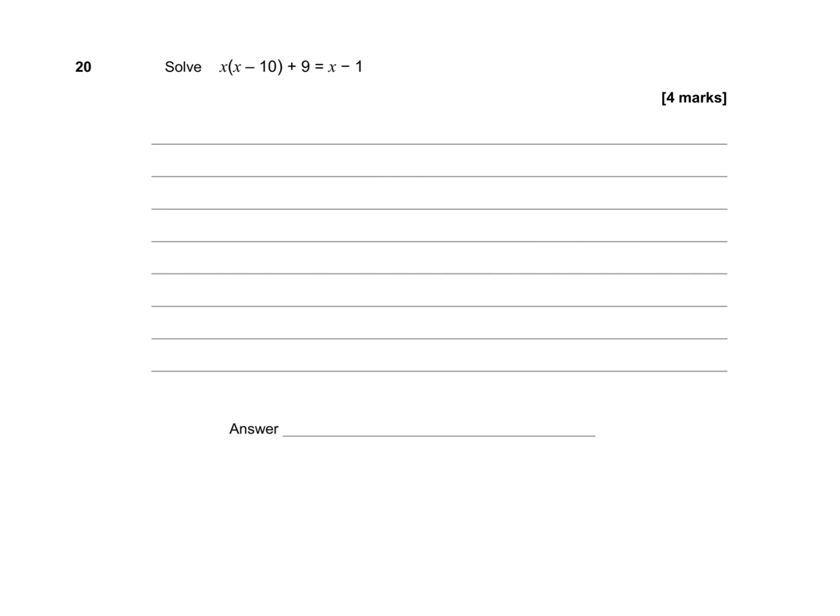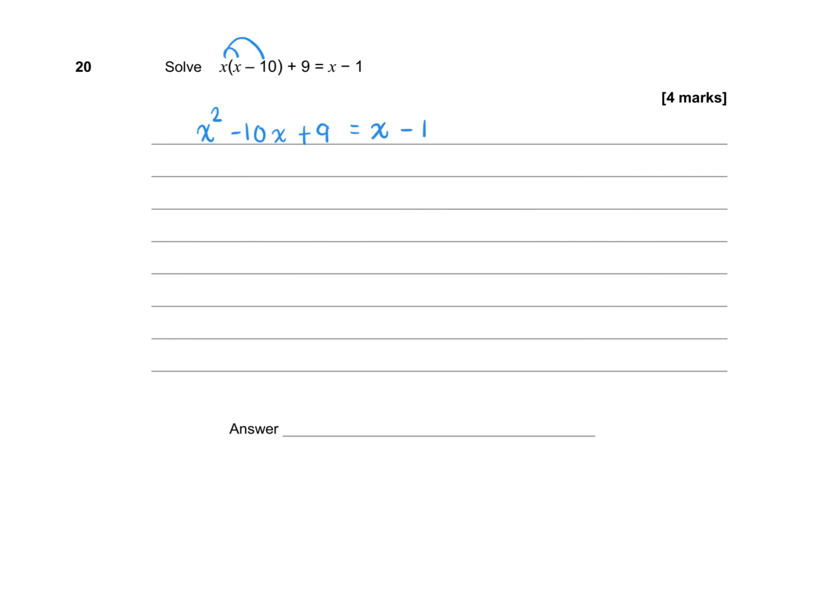It looks pretty achievable, if I'm going to be honest, and I think you can definitely start it even if you're not sure where to go from here. So first thing we're going to do is on the left-hand side, multiply that x across those brackets. So it's going to become x squared, and the negative 10 becomes negative 10x. We still have that plus 9, and then on the other side of the equal sign, we have the x minus 1.